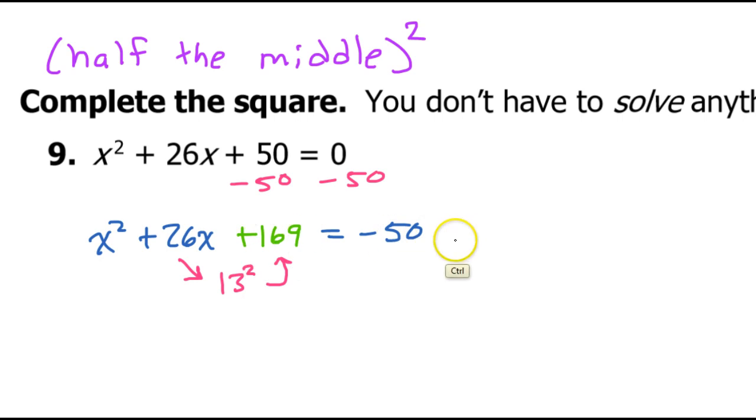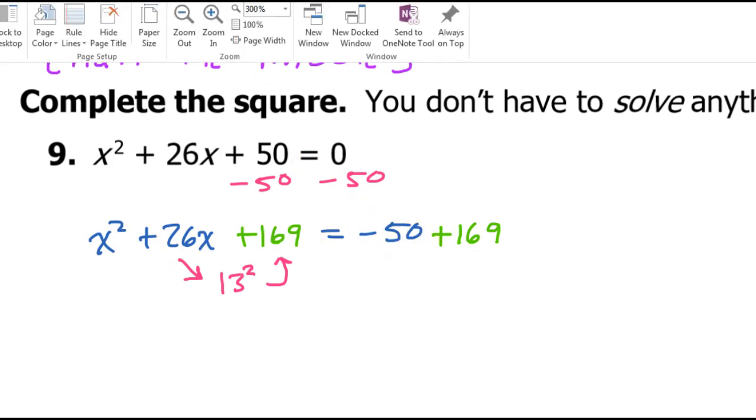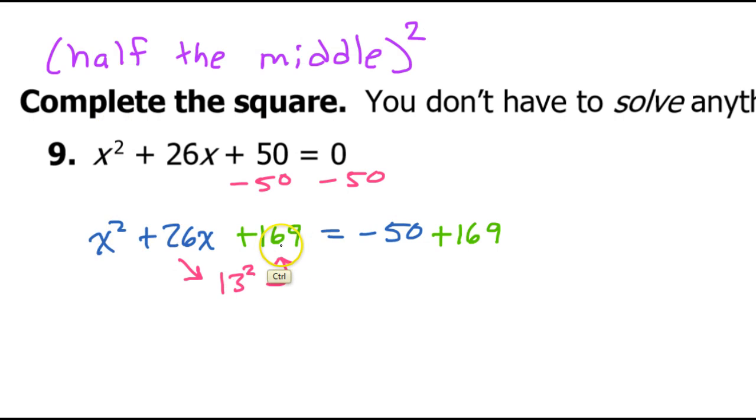Now, when you complete the square, you need to do it on both sides of the equation to keep the balance. This is the most common mistake. A lot of students will put 169 here, and they'll forget to put it over here. So we need to add 169 to both sides of the equation so it keeps the balance. Okay? So now the whole point of completing the square is to allow us to rewrite this as a binomial squared.